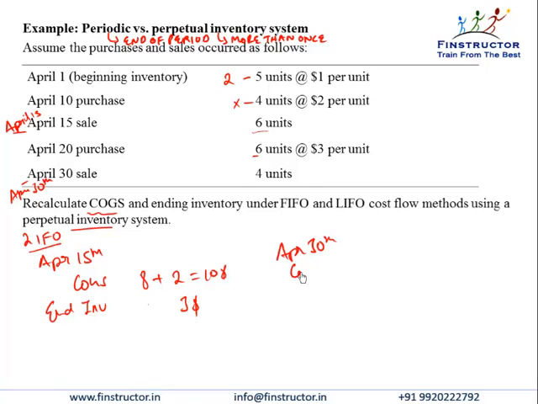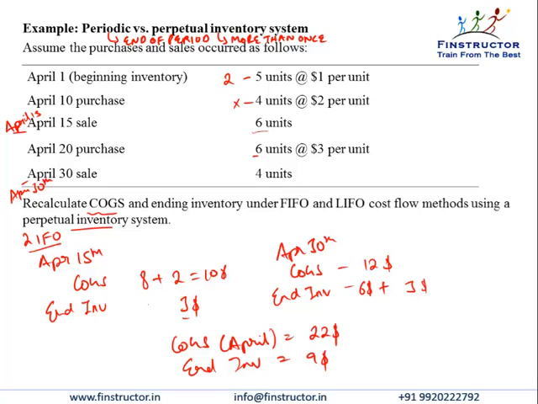So the cost of goods sold would be $12, and the ending inventory incrementally would be 2 units purchased at $3, that is $6, plus the carry forward inventory from April 15th, that is $3. So total $9 of inventory would be left at the end of April 30th, and the total COGS for the month of April would be $10 plus $12, that is $22.